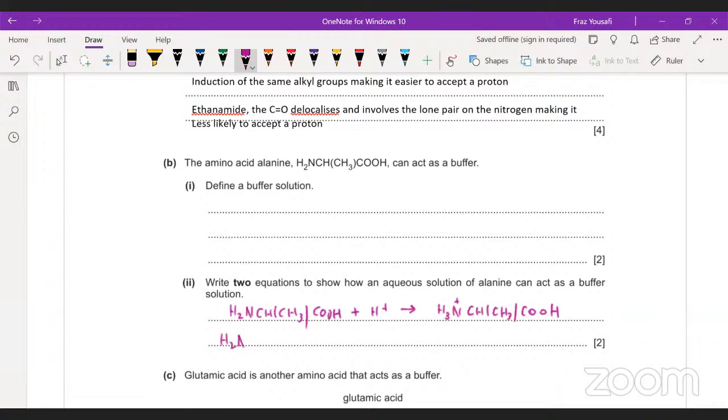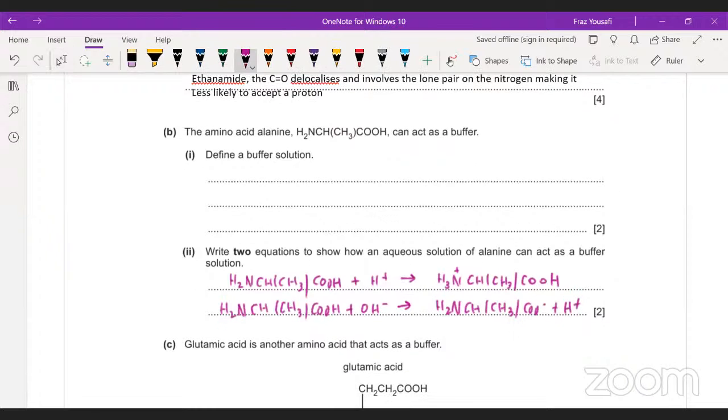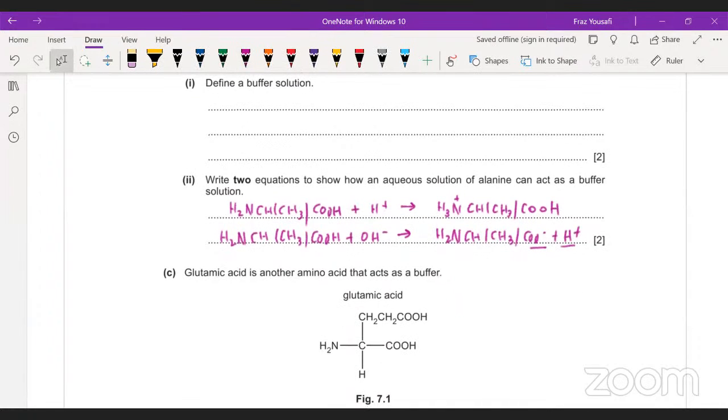Taking the same amino acid with OH minus, here's what you would see this time. Your carboxyl will give up its proton, leading to the formation of a carboxylate and a proton at the end.